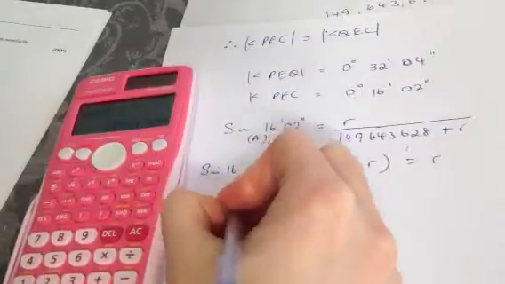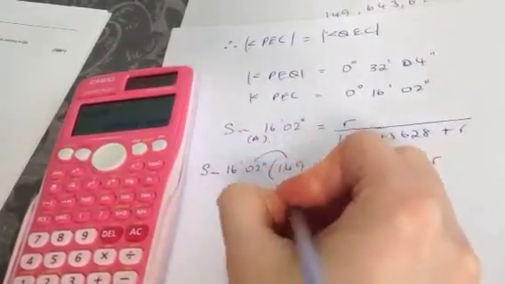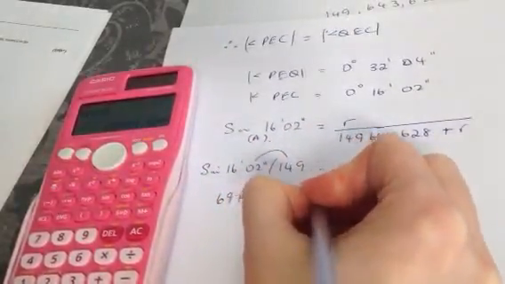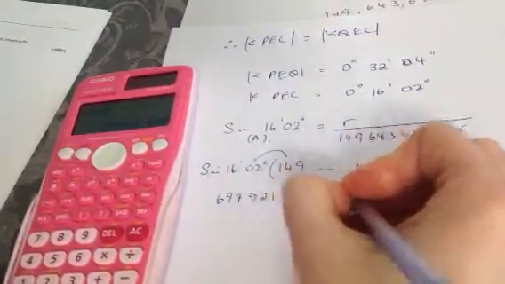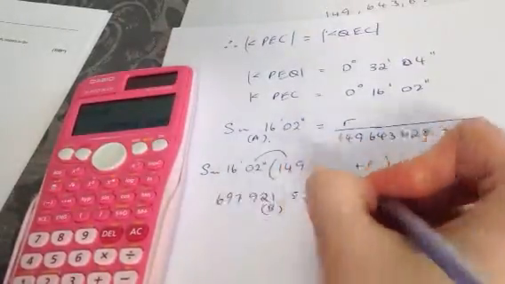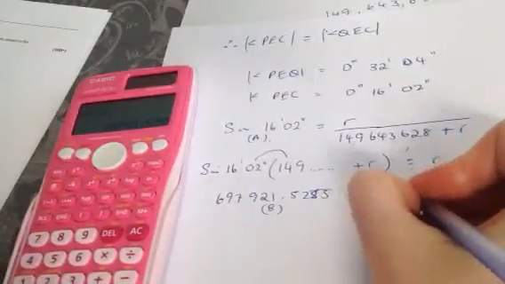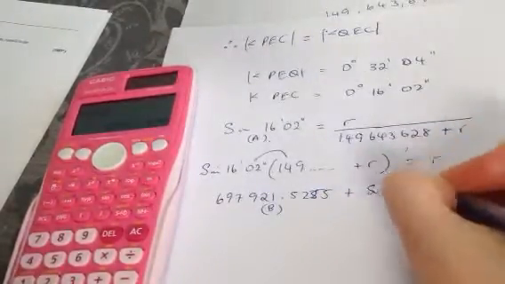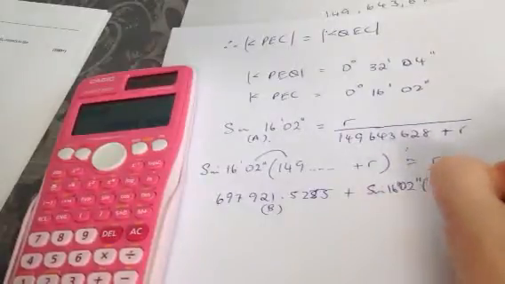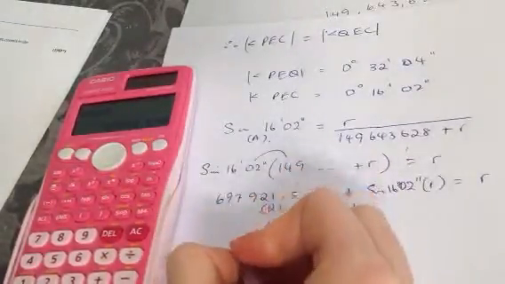So 697,921.52255. That's stored as B, plus the sine of 16 minutes 2 seconds times r is equal to r. I'm going to bring this over.